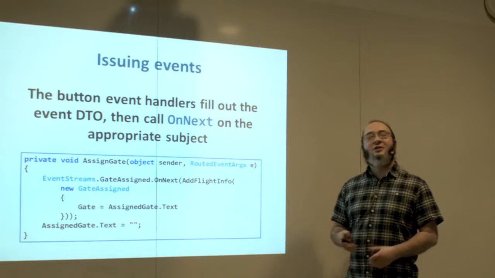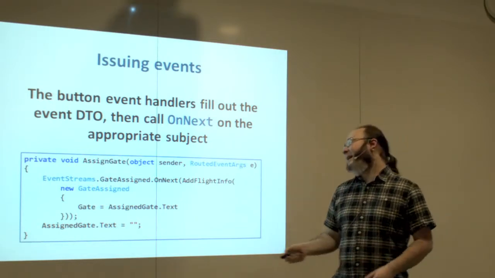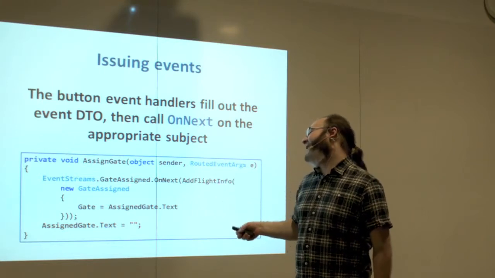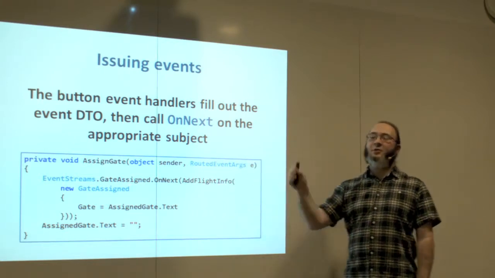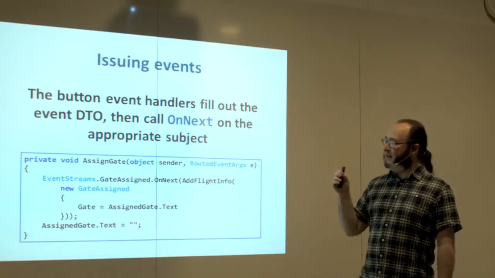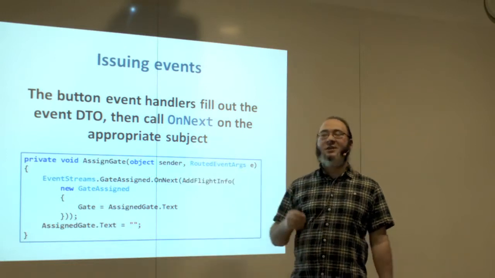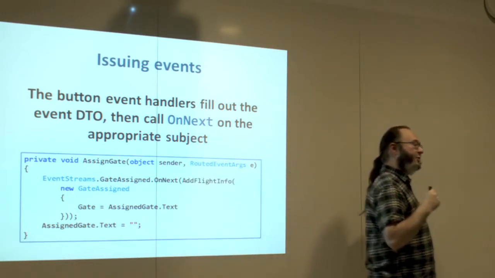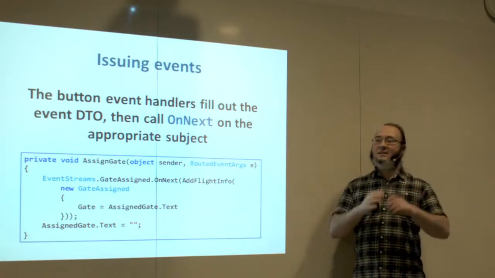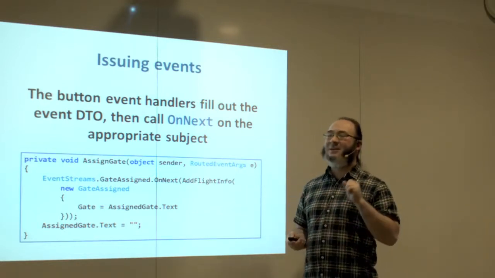Add flight info takes that and throws in the flight we've selected, and then we just onNext it. That is, we pass it to any observables, so we push it down the pipeline. That's all I'm going to be doing when I click on the UI to issue an event. It's calling onNext on the subject. In reality, you would wire this up to your message bus or event aggregator or whatever you have in your application.